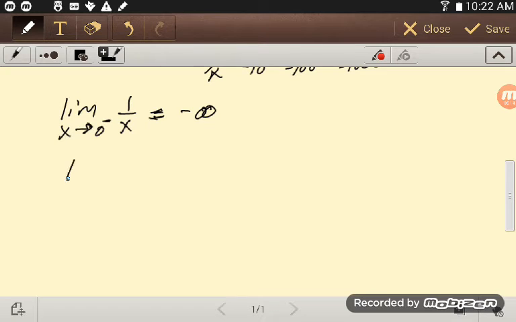Now, in this case, the limit as x goes to 0 of 1 over x simply does not exist. We can write DNE for does not exist or is undefined.